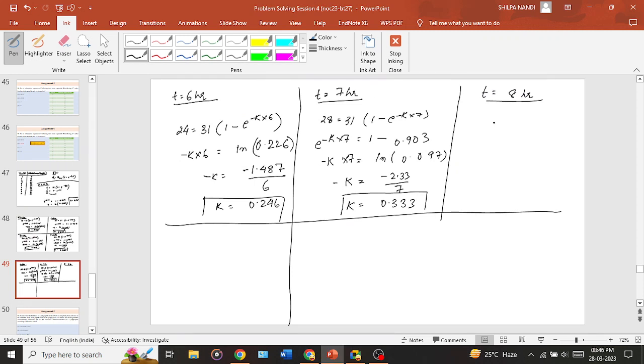So at t is equal to 8 hr, Mt is 30 and M max is 31, so 1 minus e to the power minus k into 8, right?